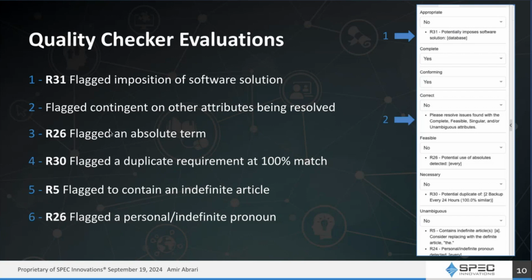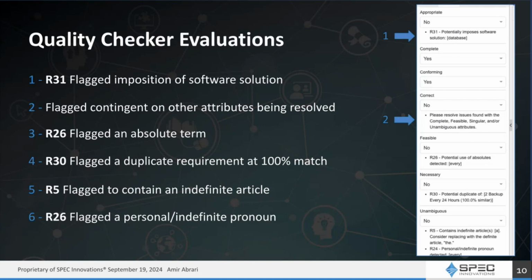In step 2, we have a contingent flag on other attributes being resolved. We have certain mappings in our quality checker attributes that rely on other issues to be resolved. For example, in this instance, complete, feasible, singular, and or unambiguous attributes have to be resolved and valid for this attribute to be activated.